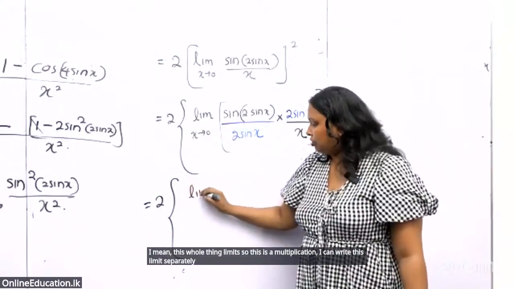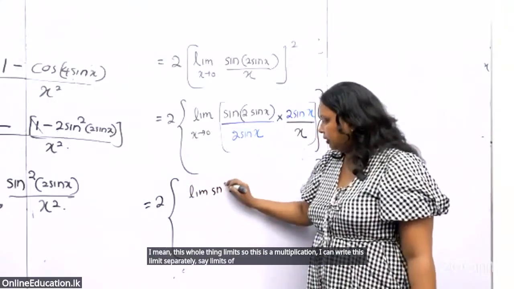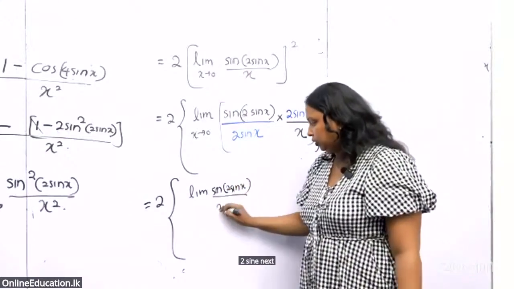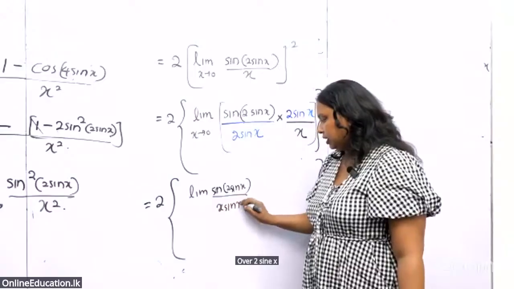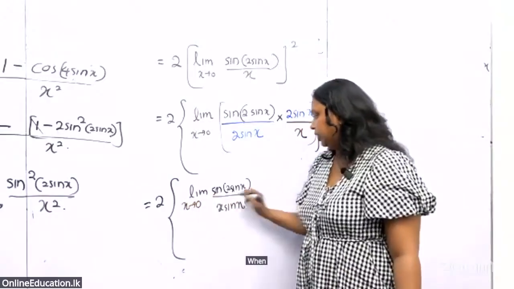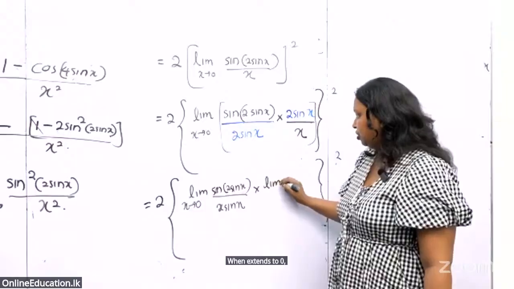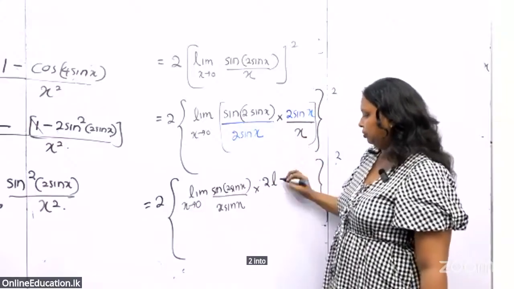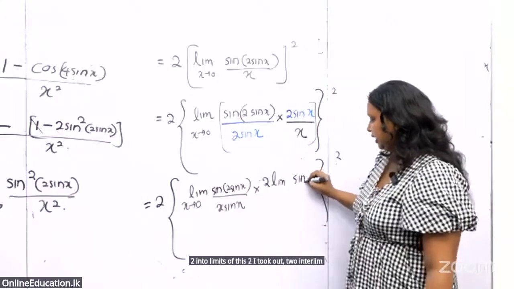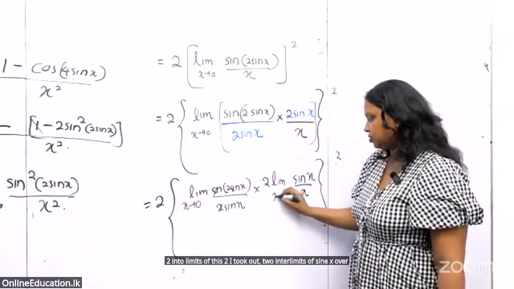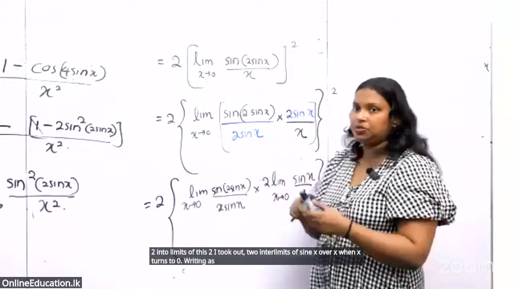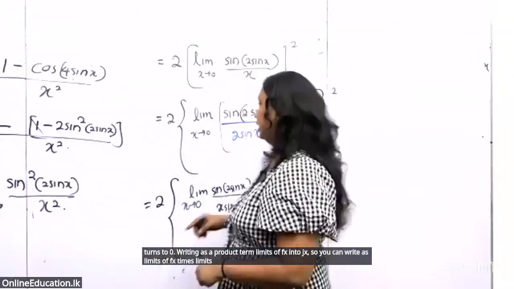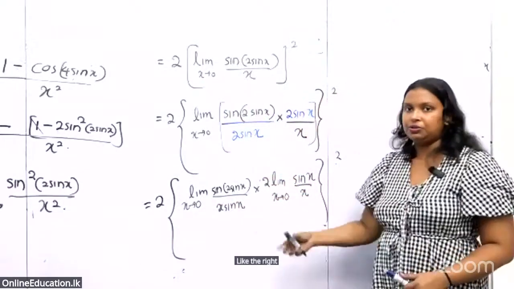See, limits of sine 2 sine x over 2 sine x when x tends to 0, times limits of, I mean 2, take it out, 2 into limits of sine x over x when x tends to 0. Writing as a product, limits of f(x) into g(x), we can write as limits of f(x) times limits of g(x). Like that I separately wrote limits for each.